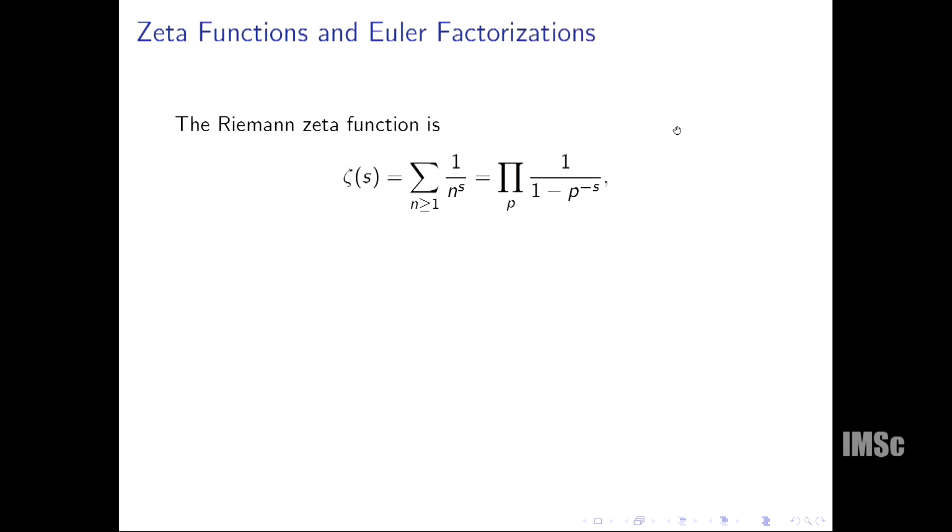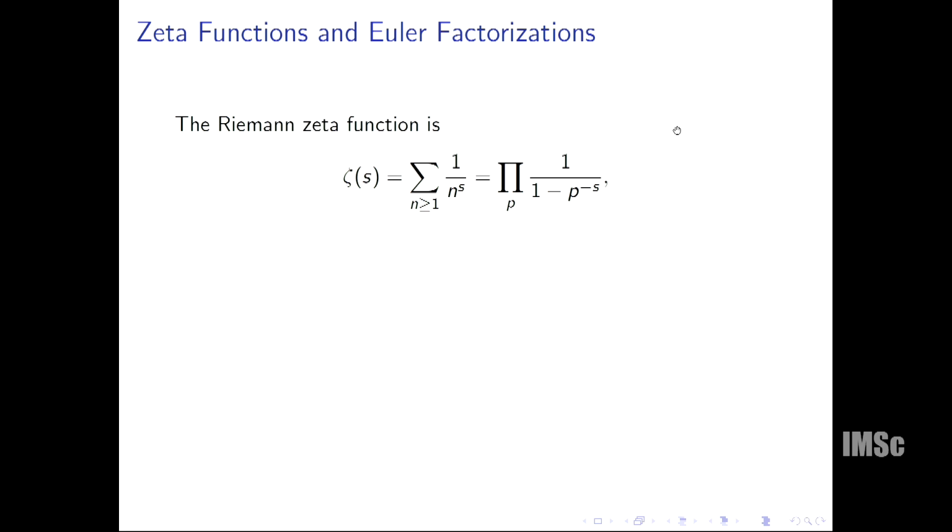I guess you've all seen this probably. The Riemann zeta function is the primordial example of a Dirichlet generating function. It's just a sequence where all the terms are equal to 1. The unique factorization of integers tells you that this zeta function has a factorization into what are called Euler factors.